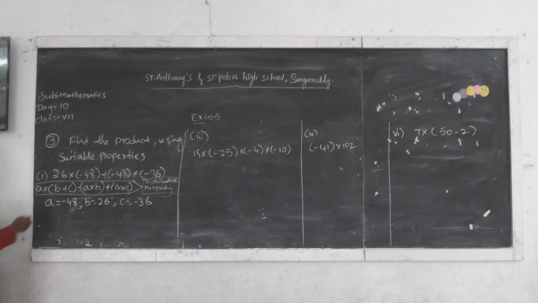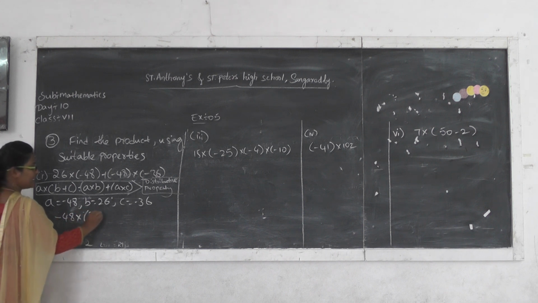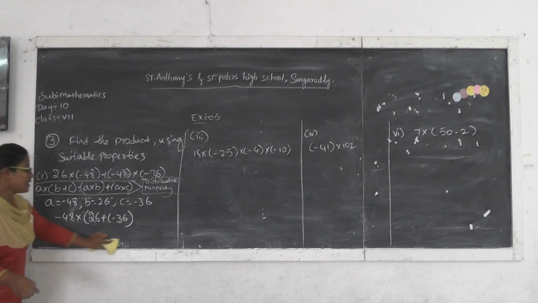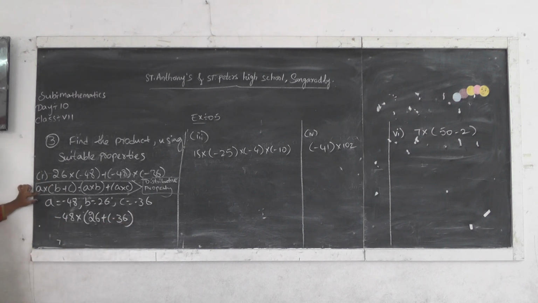Now I will substitute this in A into B plus C. It is nothing but minus 48 into 26 plus of minus 36. How did we substitute here? Look here. A means what we assumed? Minus 48. So minus 48 into B. B means what we assumed here? 26.